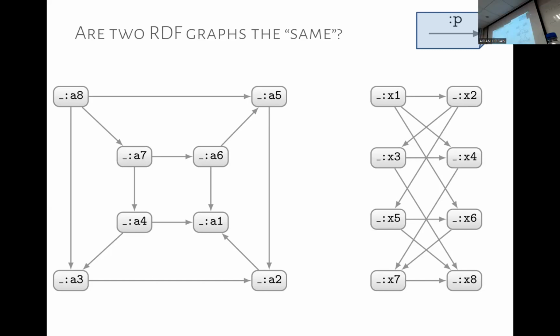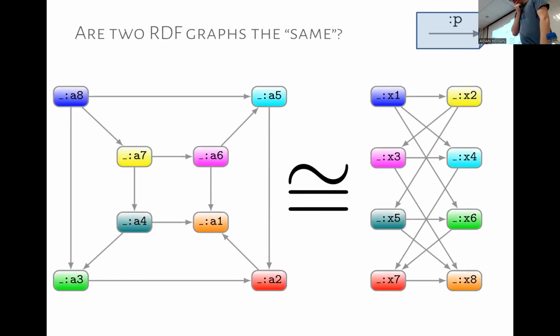So are the two RDF graphs the same? Yes. So the idea here is to give an idea of why this is hard. So we have one isomorphism here. There's probably more. If we look at it, we can see here, for example, just to take one example, the purple receives a link from yellow.